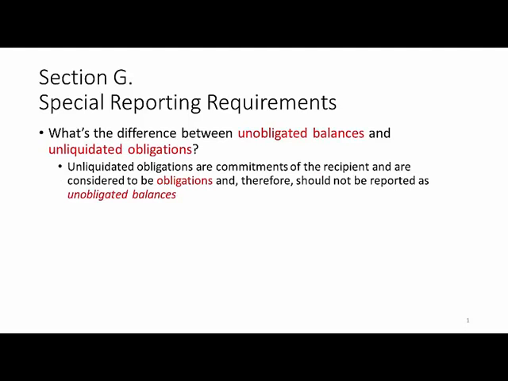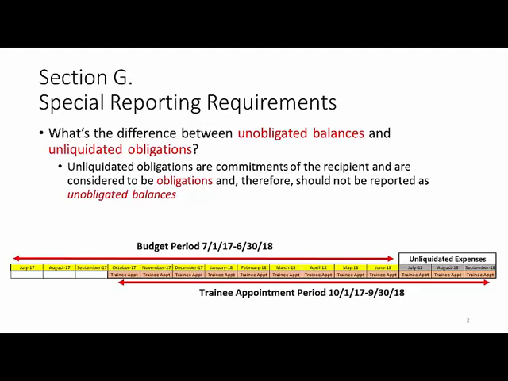In my little graph here, we all experience this with a training grant: a trainee can be appointed any time in that period between 7/1 and 6/30. They might be appointed on the last day of the grant, and you're going to carry forward their stipend for the next year. That is not considered an unobligated balance. It would not go towards that unobligated balance. That is what we call an unliquidated obligation. So it's obligated.